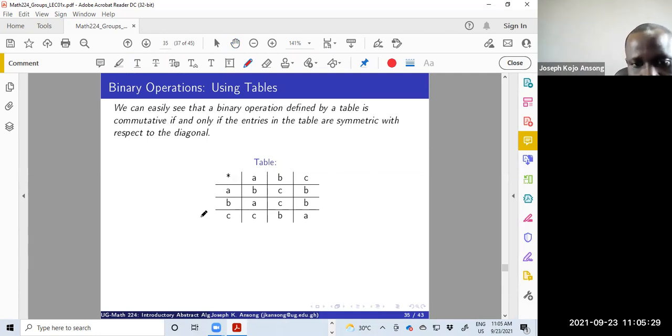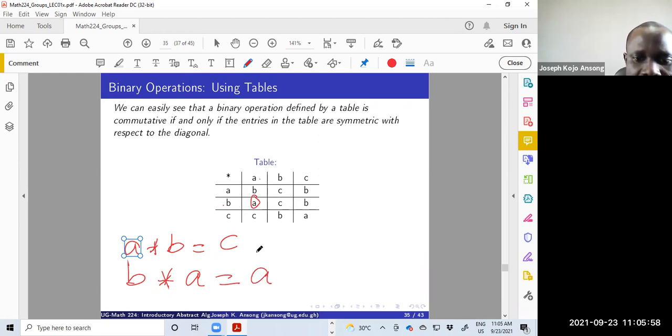Let's take for instance A and B. If I do A star B, what do I get? A star B gives me C. For it to be commutative, B star A must give me the same thing. But if I do B star A, what does it give me? It gives me A.